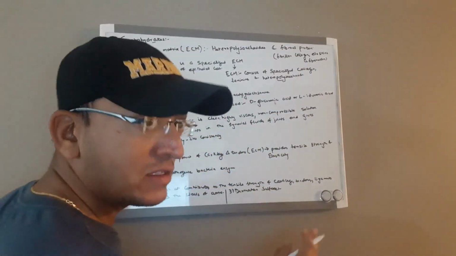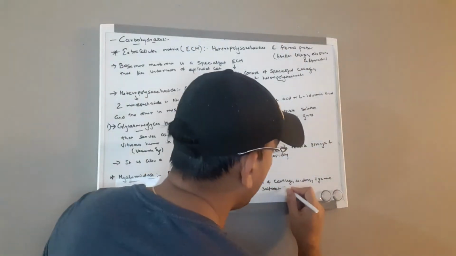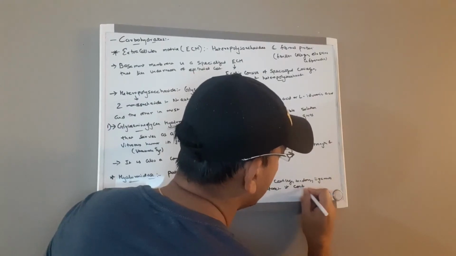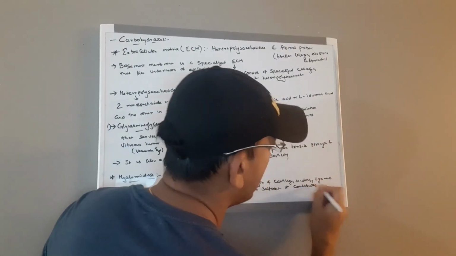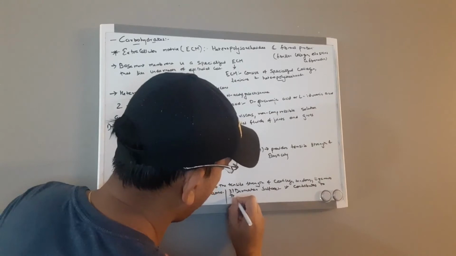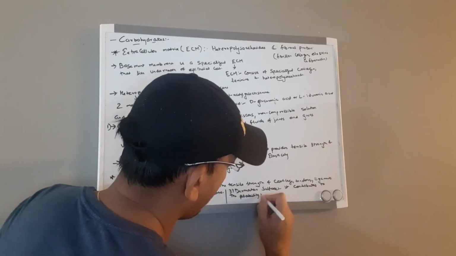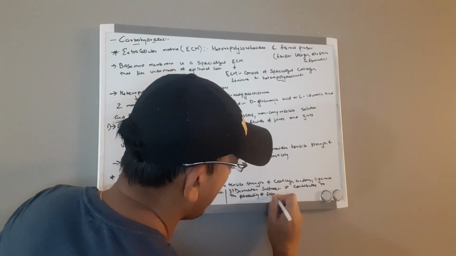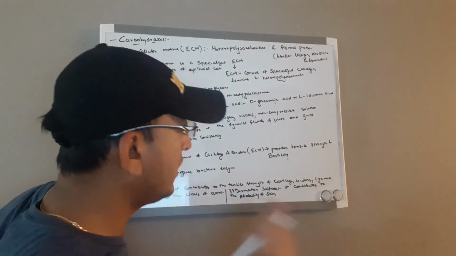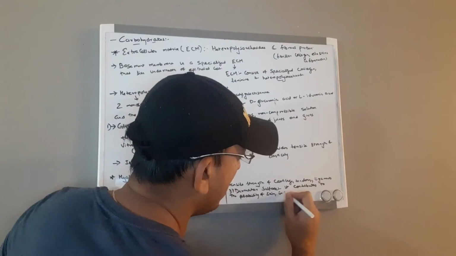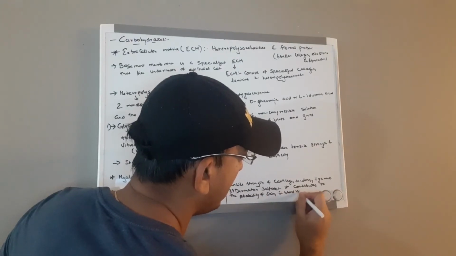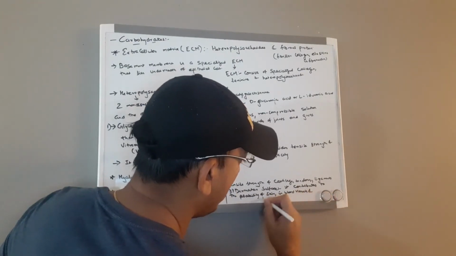So dermatan sulfate contributes to the pliability of skin, and is also present in blood vessels and heart valves too.